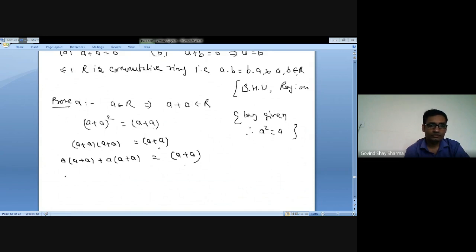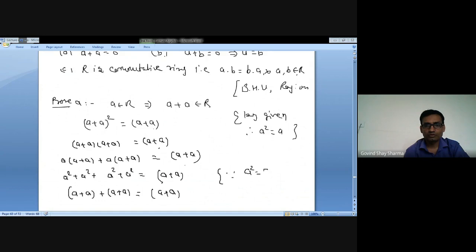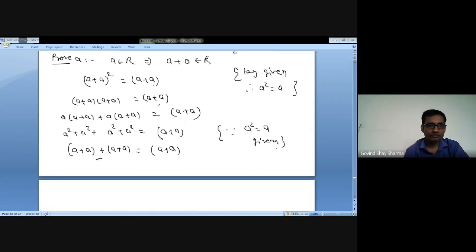Here we can write a square plus a square, because a square is equal to a. So if we take x, we can write a plus (a plus a), we can write 0 plus a.